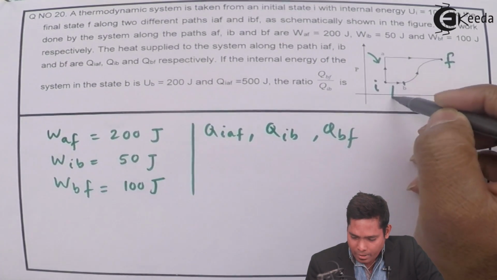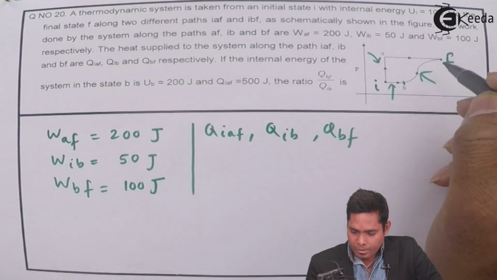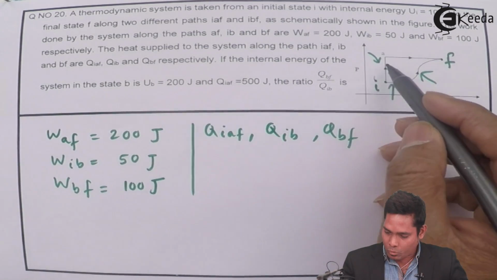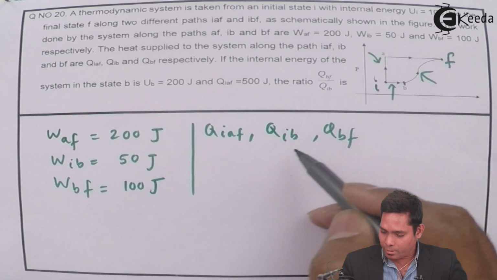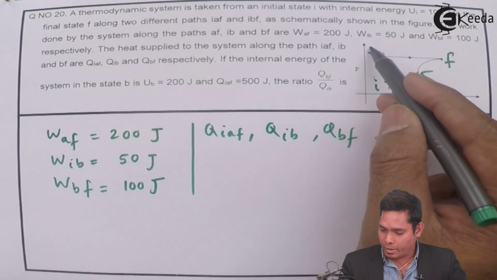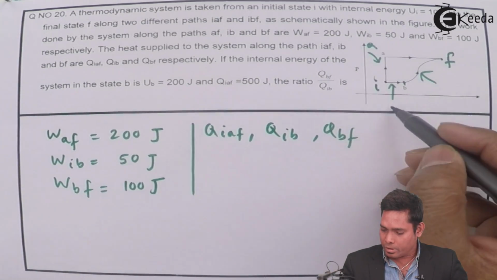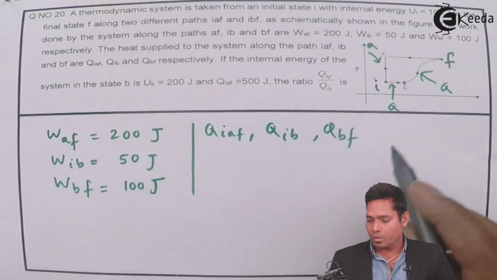This is the heat in the IAF path, this is the amount of heat supplied here, and this is the heat supplied here. All different.